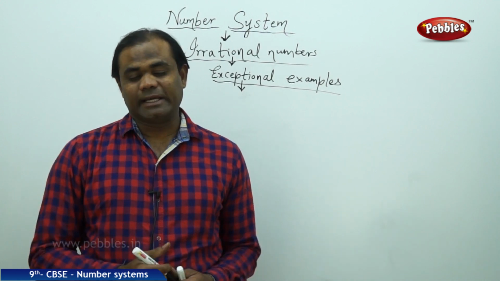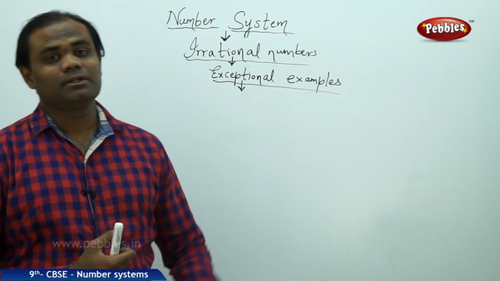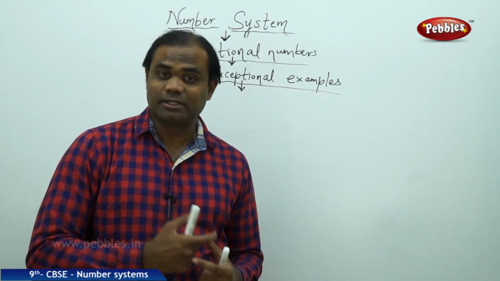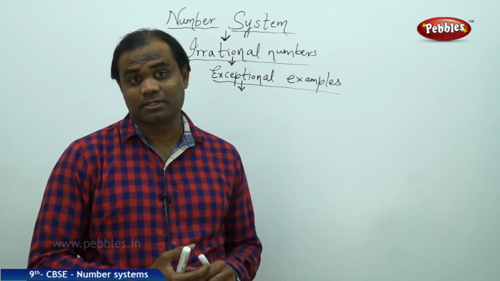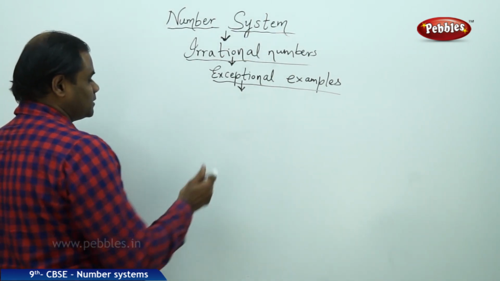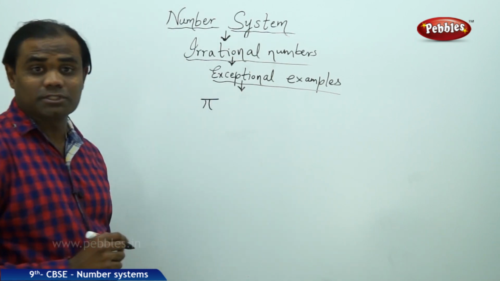To be continued with the examples, this session deals with the exceptional irrational numbers which we identify in the branch of mathematics. So let's see what these exceptional irrational numbers are. For example, I take the most popular mathematical symbol, which is pi.